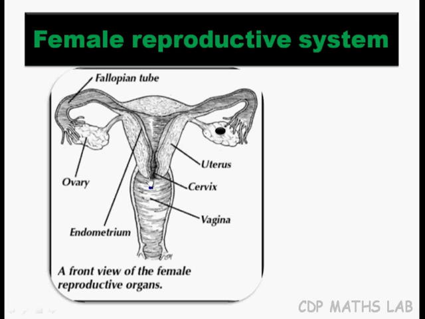Now, this area right here is a narrow opening between the uterus and the vagina. So the name of the narrow opening between the uterus and the vagina is the what? Cervix. A little later in the lesson we'll hear a little more about the cervix.